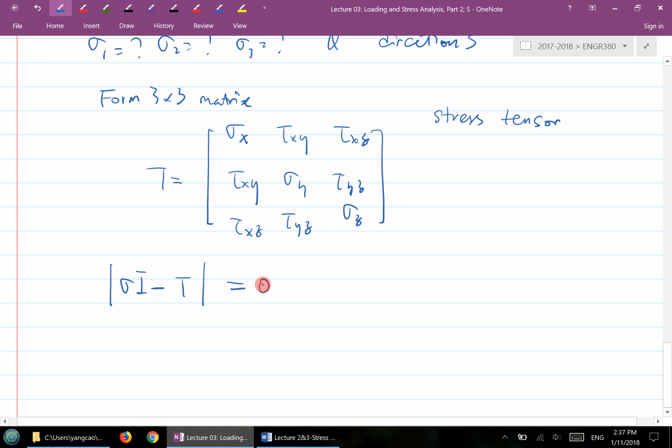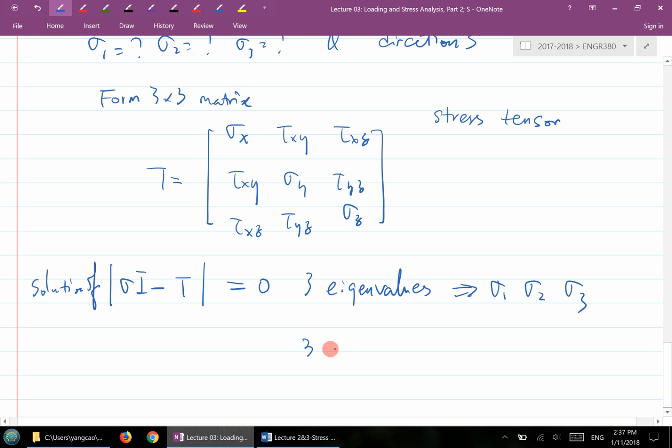The solution of this gives us the eigenvalues. Because the symmetric matrix is real, you will have 3 eigenvalues, which give you sigma 1, sigma 2, sigma 3. These are the three principal normal stresses.